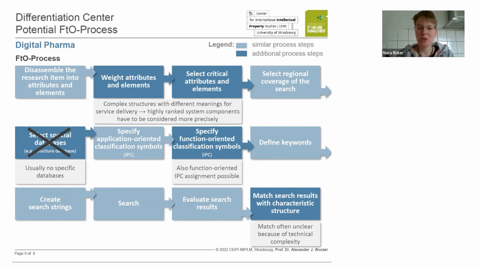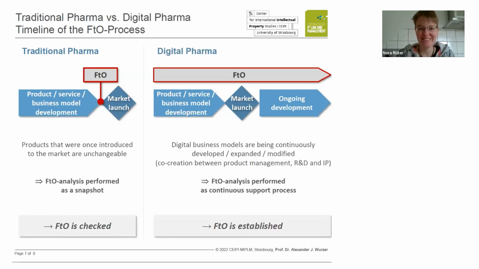Would you skip to the next slide, please? The last task of our case study part was the timeline of the FTO process and the differences between the traditional pharma and the digital pharma, mainly in the case of the development part.